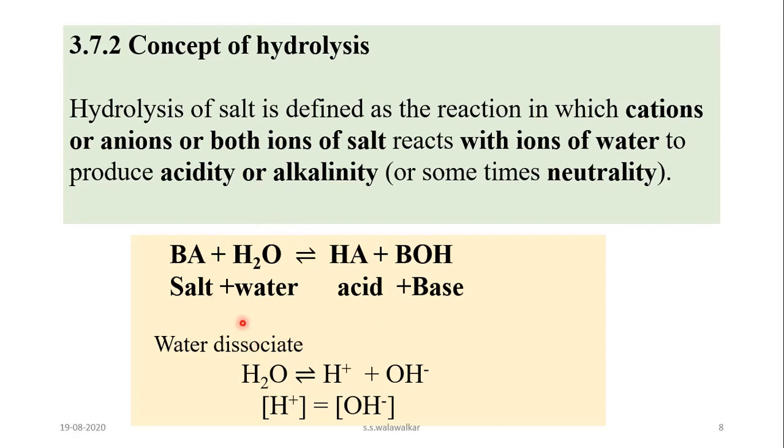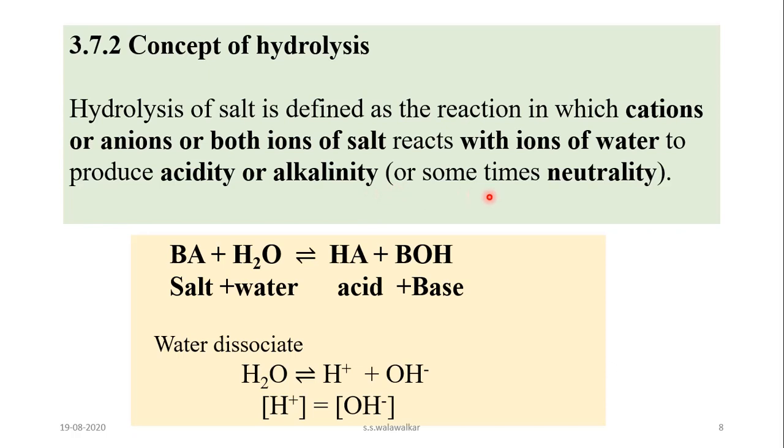But when salt is dissolved, either the cation, that is B ions, reacts with OH ion, or A ions react with H ion, and produce an acidic, basic or neutral solution.